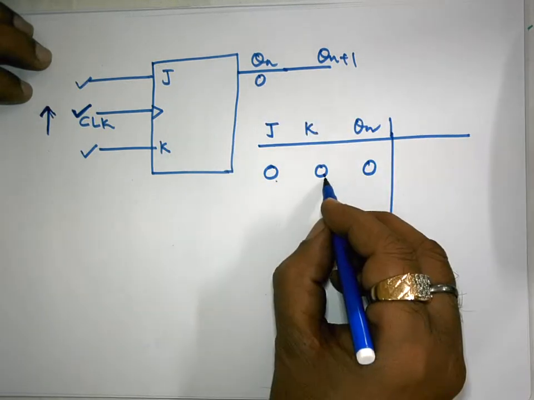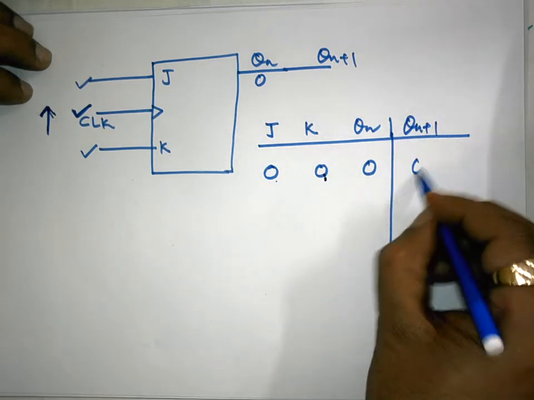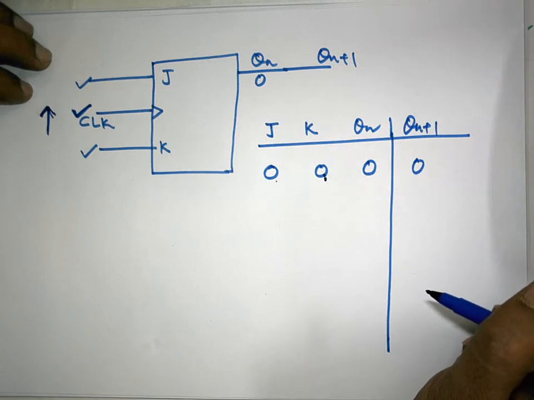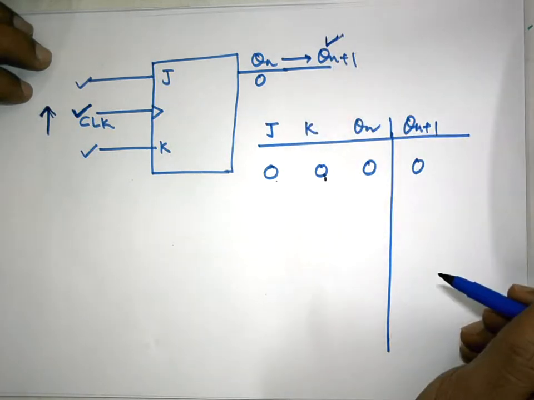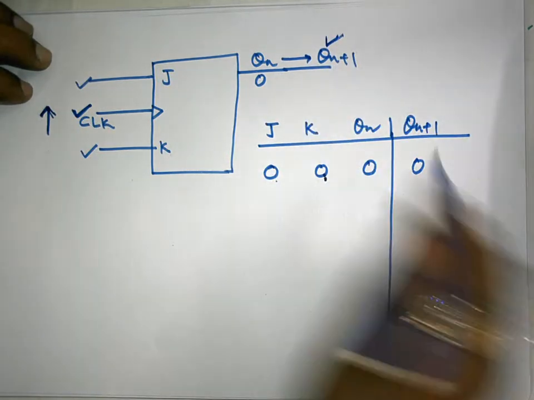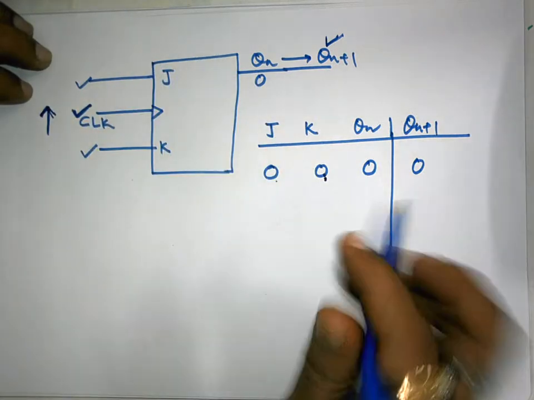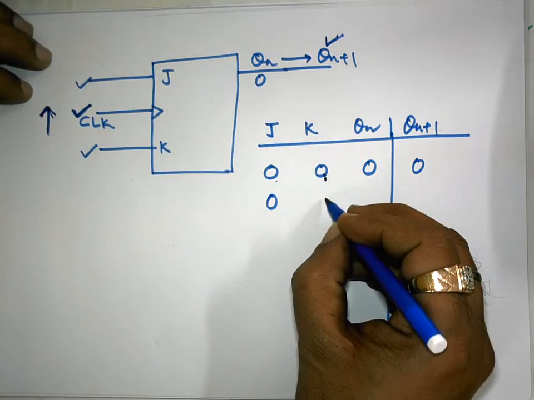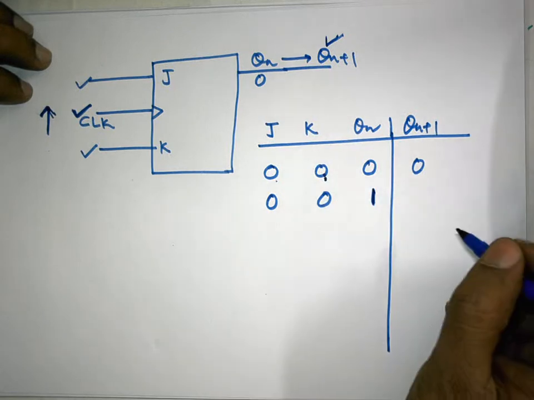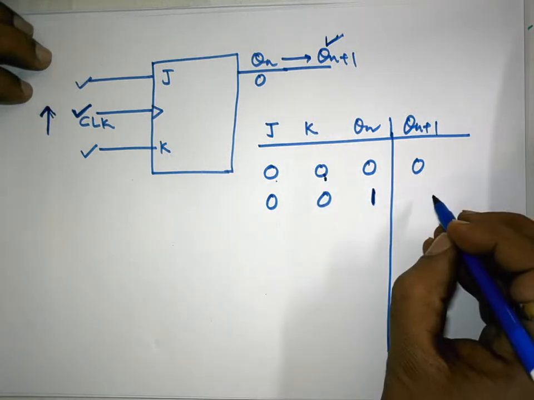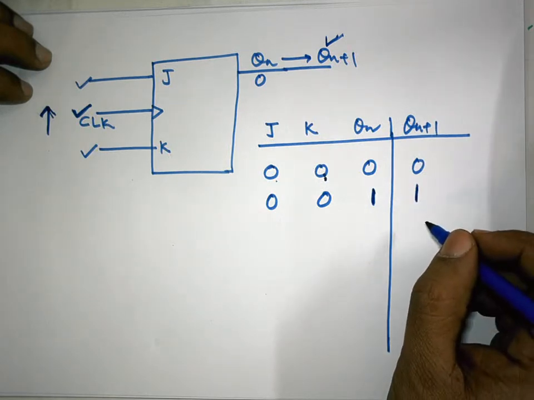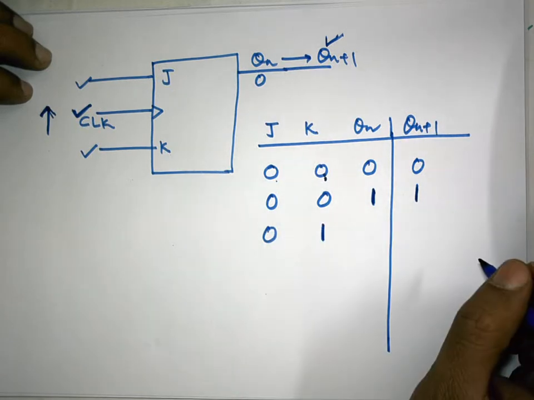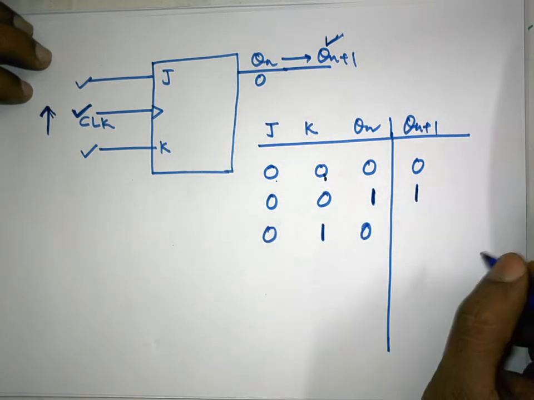Naturally, this input condition is not going to make any change at the output. This means Qn plus 1 will be equal to 0. Getting my point? Qn plus 1 means what will happen to the output at the next moment, on the combination of all the inputs. So if J is 0, K is 0 and Qn was 1, the present state is 1, then it will remain 1 because it is not going to make any change to the output. But suppose J is 0, K is 1 and present state was 0.